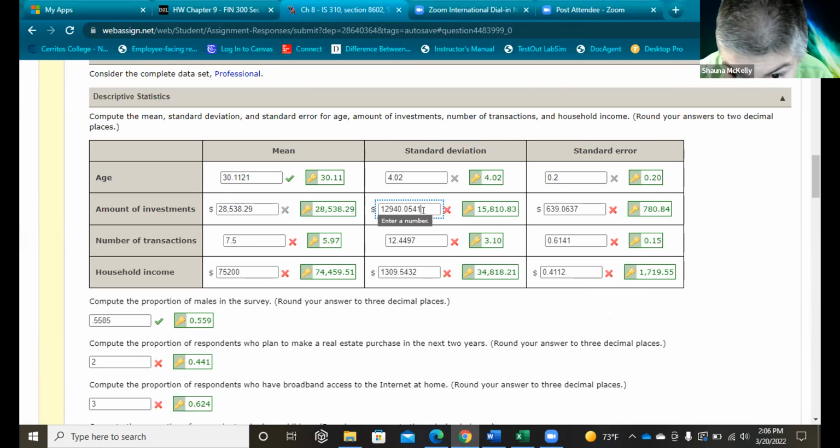Oh, it wanted more decimal places. Maybe. Looks like it.